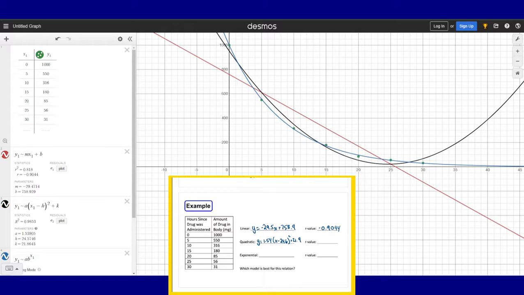The R value is the square root of 0.9853, so 0.993.